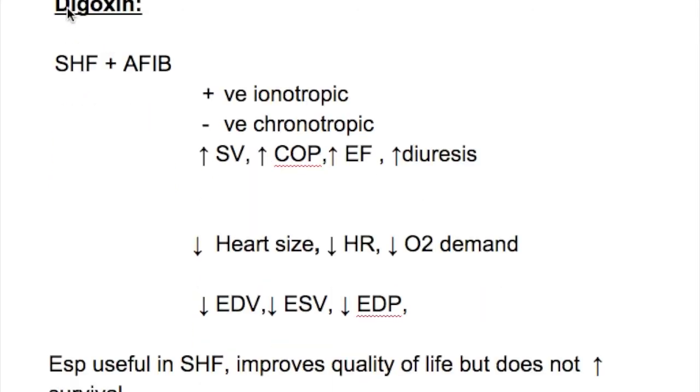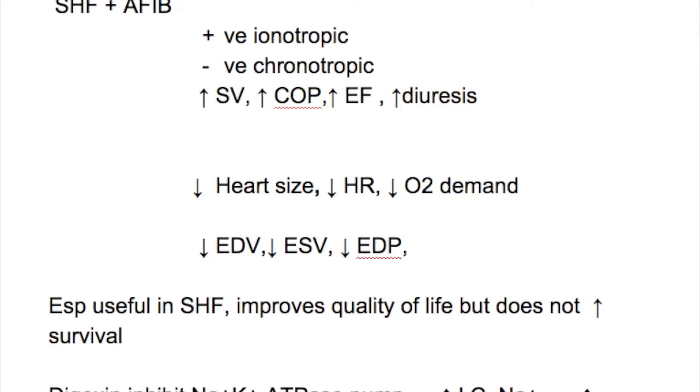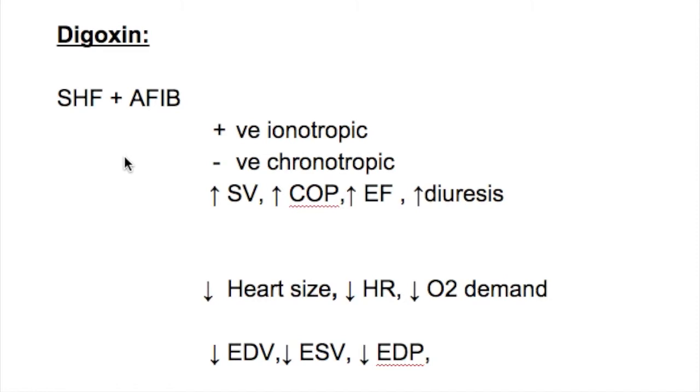Now, digoxin. Digoxin is used in systolic heart failure. When do you use digoxin in systolic heart failure? When there is an added atrial fibrillation, digoxin is used. So what parameters does the digoxin increase?